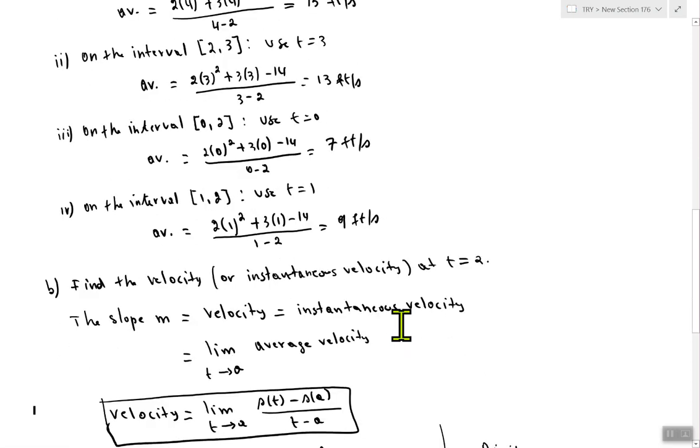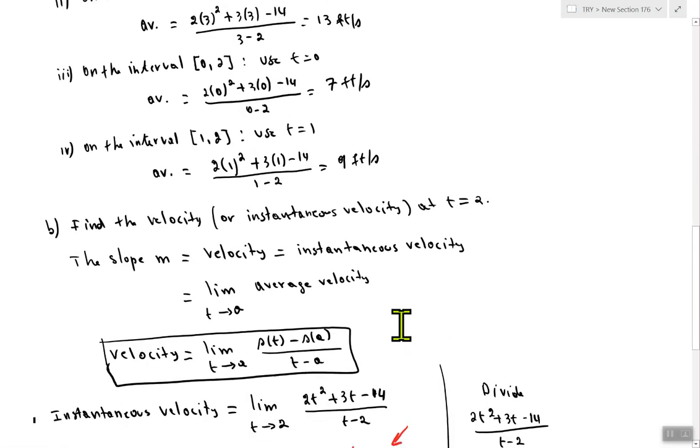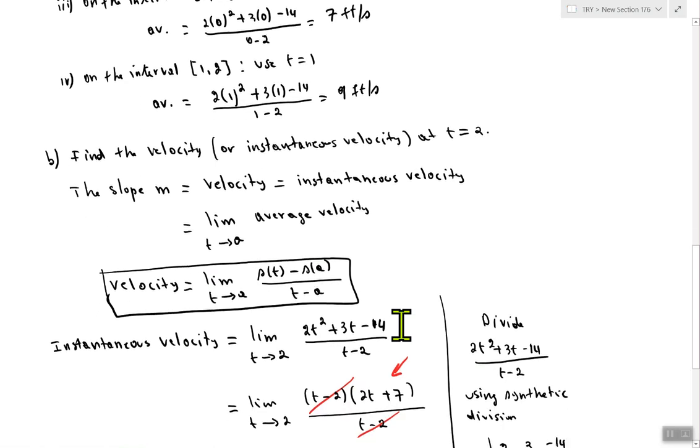Now, when you finish them, question B was to find the velocity, or what we call instantaneous velocity, at exactly t equals 2 seconds. What was the velocity? The instantaneous velocity in the velocity problem corresponds to the slope of the tangent line in the tangent problem.